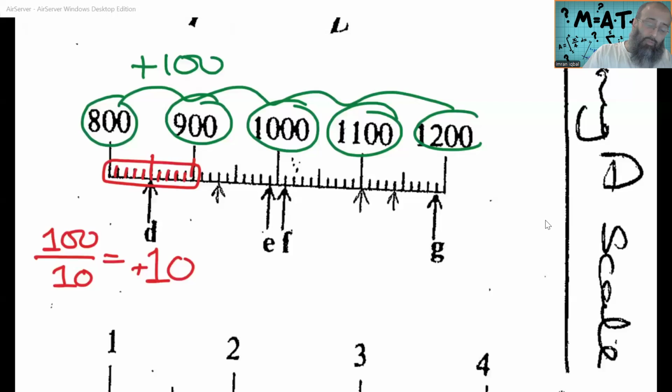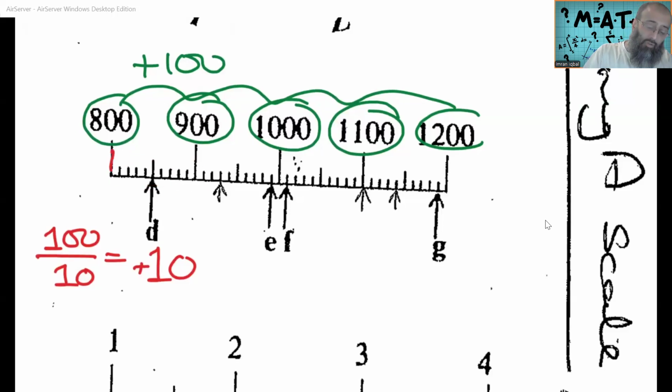So let's start counting in tens. 800, 810, 820, 830, 840, 850, 900, 910, 920, 930. That's 10 less than 1000, so that would be 990.